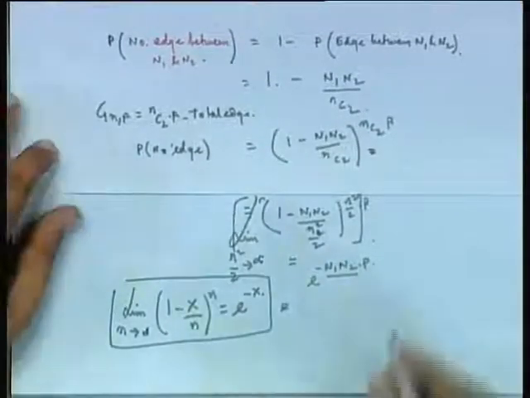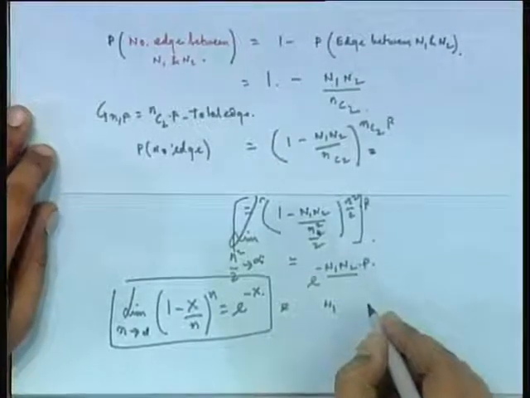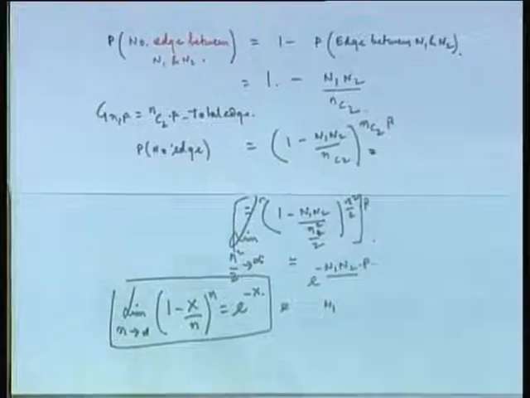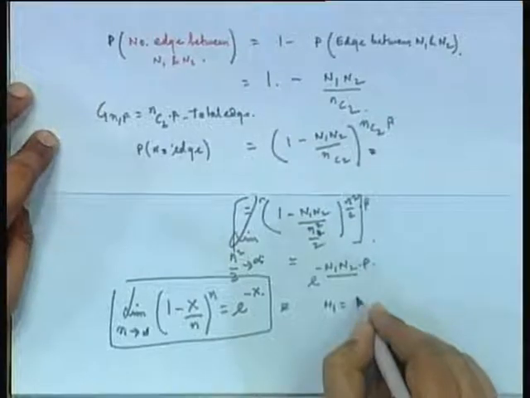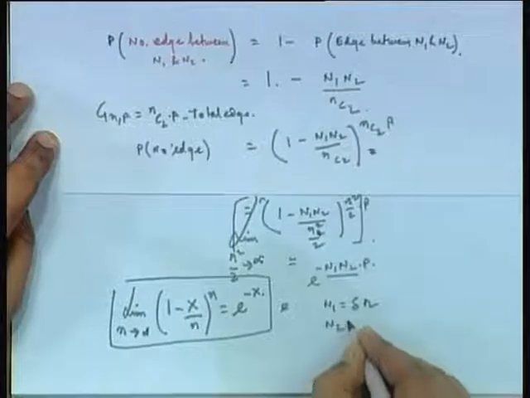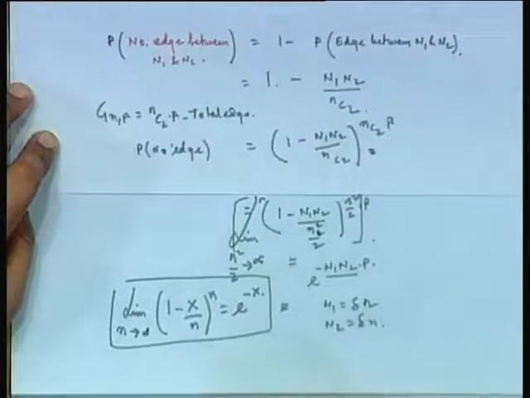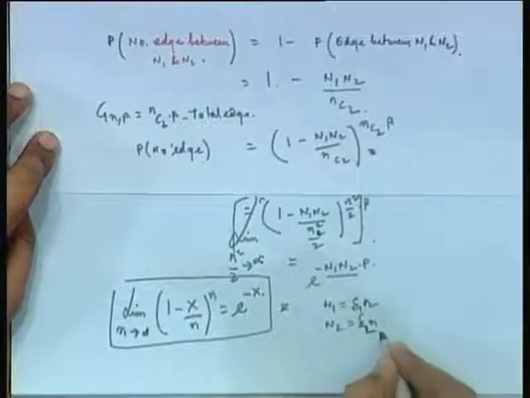And what we have said is that n1 and n2 are both giant components whose size is order n. This is clear. So, I write n1 as lambda 1 into n and n2 as lambda 2 into n.